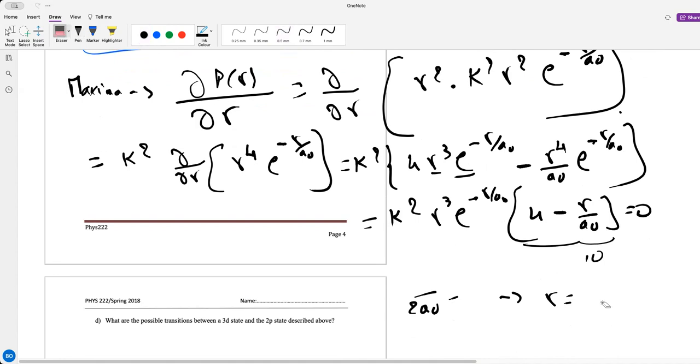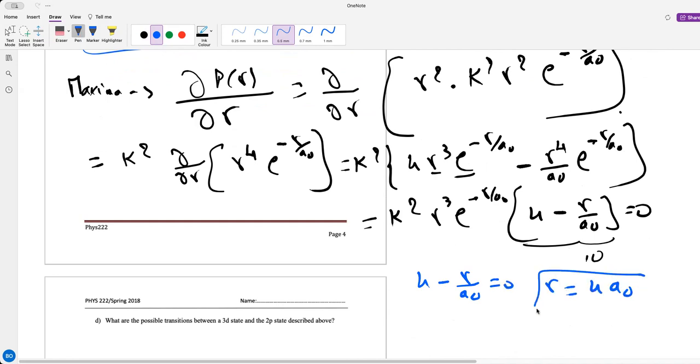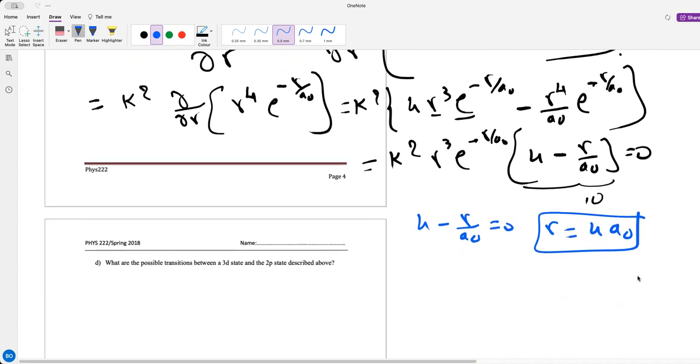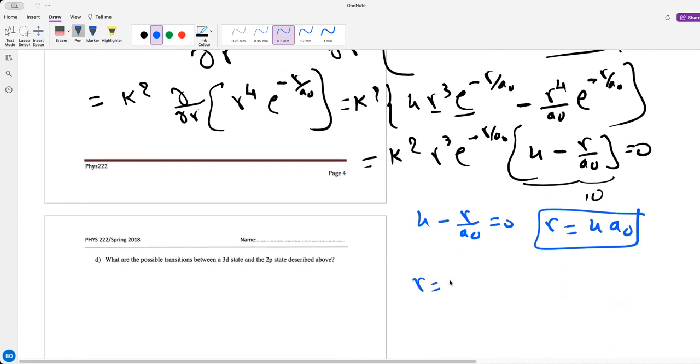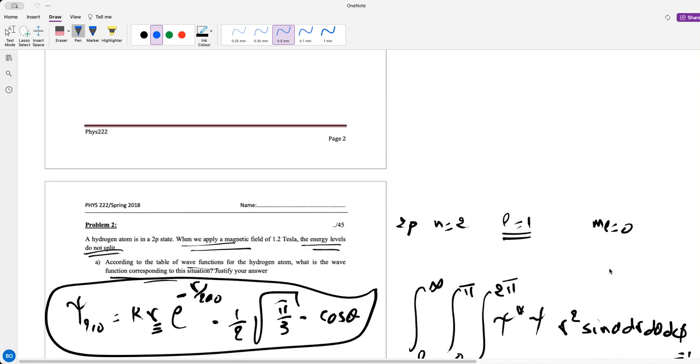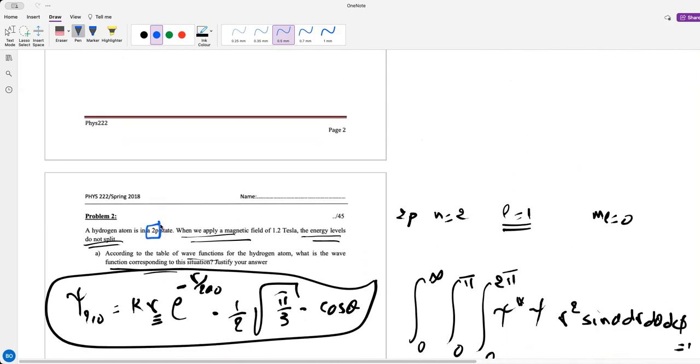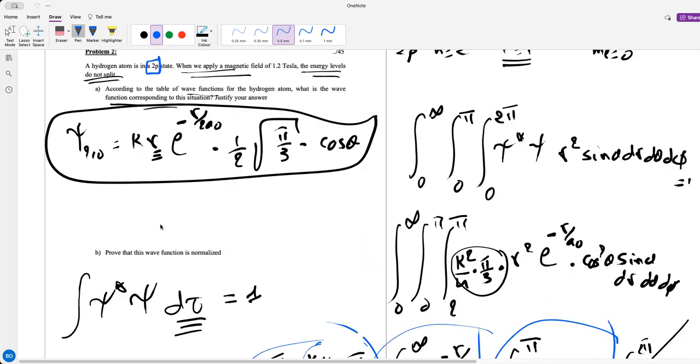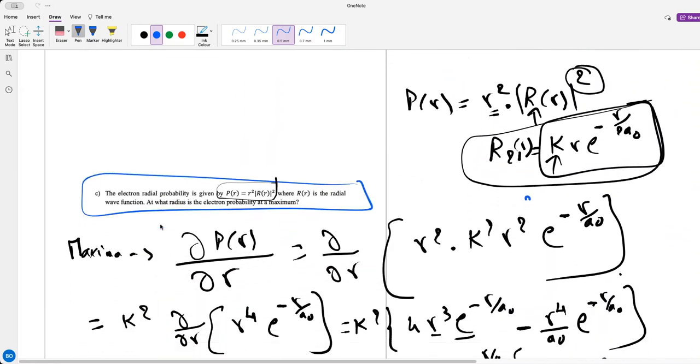So 4 minus r over a0 is equal to 0. This means that r is equal to 4 times a0. What is 4 times a0? We know that in the hydrogen atom the radius is n squared a0, which means n is equal to 2. And this is exactly what we have, because we are talking about the 2p state, which is n equal to 2. So that's why we got the maximum probability at n equal to 2.